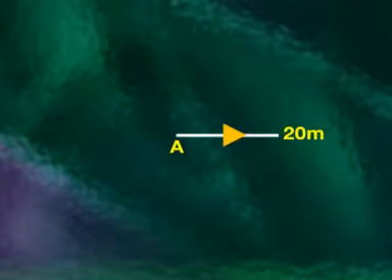It is a distance of 20 meters east of a given point A. It is 20 meters measured in a given direction from A. It is a displacement as shown on the screen, not drawn to scale. This is a vector since it has both magnitude, that is 20 meters, and direction, east.